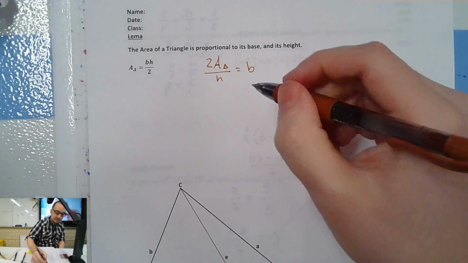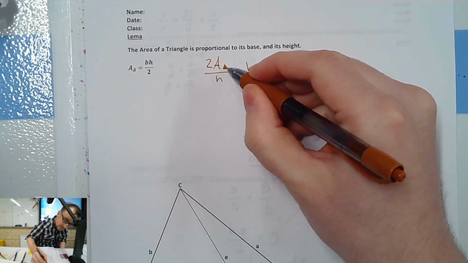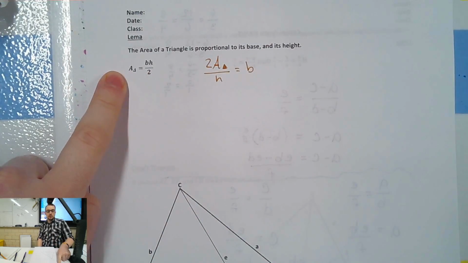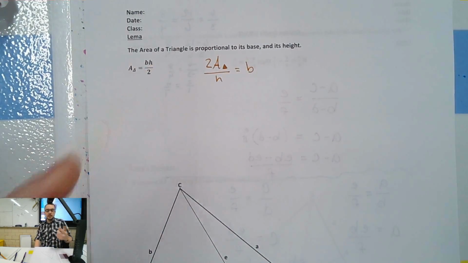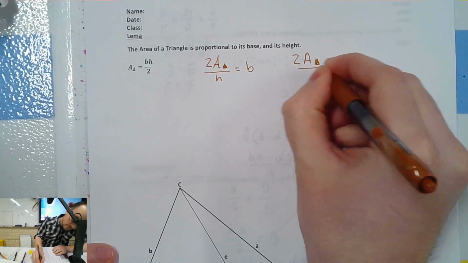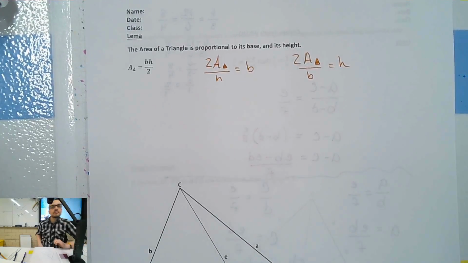How'd I come up with that? I times 2, I moved 2 over, right, by multiplication. And then divided by h, right? I solved for b. Now couldn't I do the same thing with this? Right, times 2 divided by b, get h on its own.